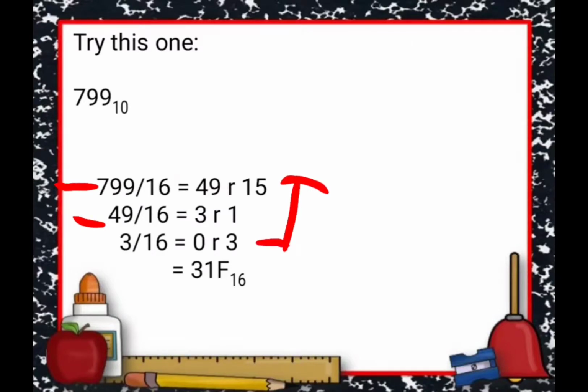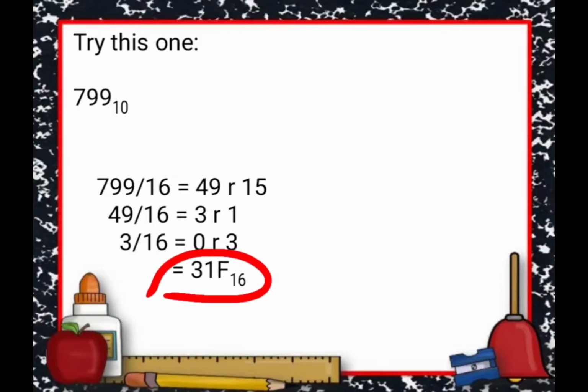So we have 3, 1, 15. Since the conversion of 15 to the hexadecimal digit is letter F, we write down letter F: 31F. That's the answer. The conversion of 799 decimal number into hexadecimal is 31F hexadecimal. Okay?